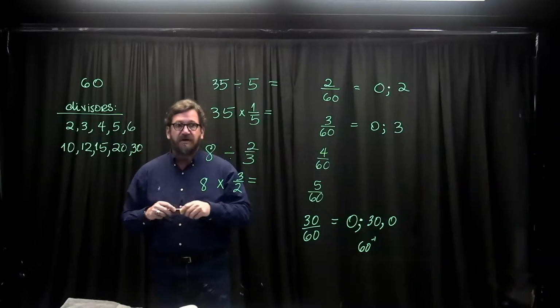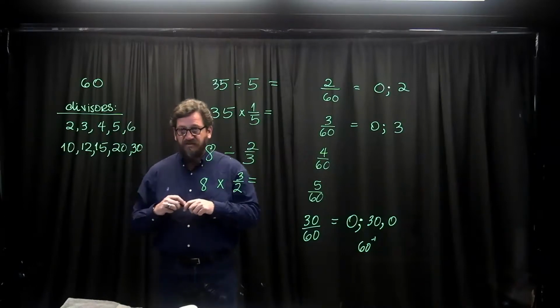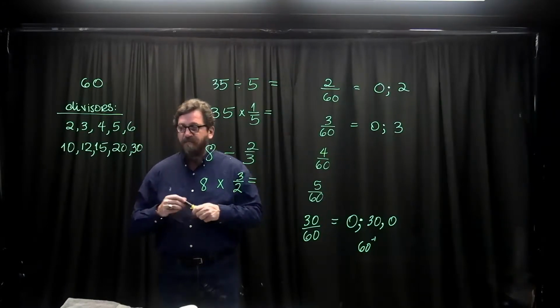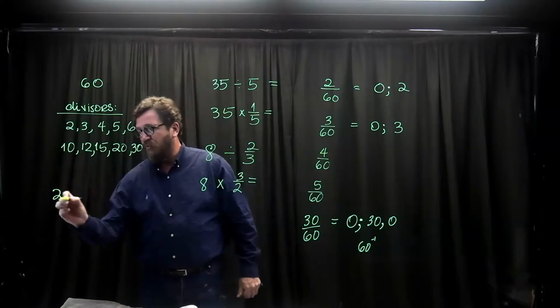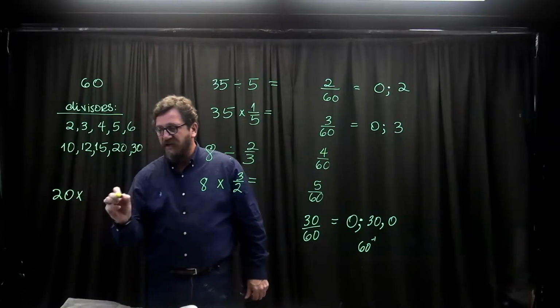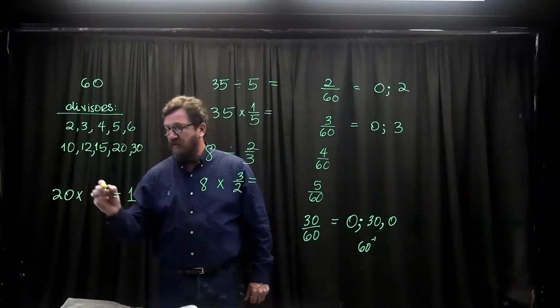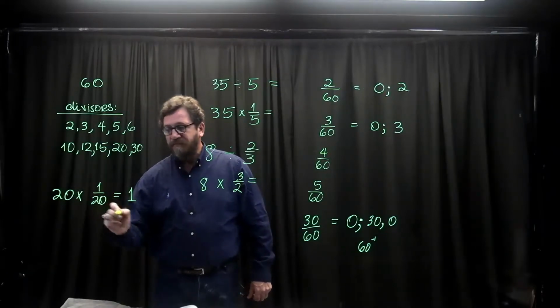The Babylonians also knew something else that was interesting. Certain multiplications render 1. Now think about that. If you're going to multiply 20 times a number and you want to get to 1, what do you have to use? 1 over 20.